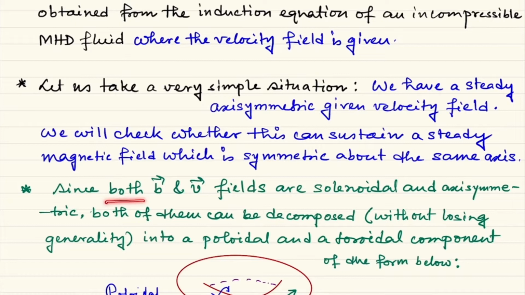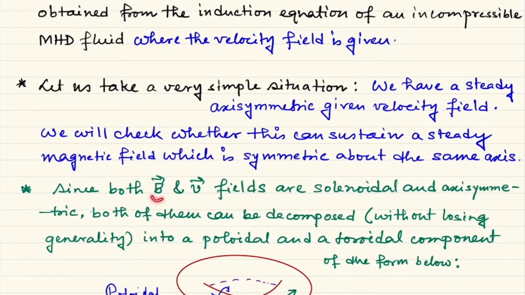So since both B and V, that means the magnetic field and the velocity field, are solenoidal, that means they are of divergence zero, which is the case for incompressible turbulence, and if they are axisymmetric, then both of them can be decomposed, without losing any generality, which is very important, into a poloidal and a toroidal component of the form below.